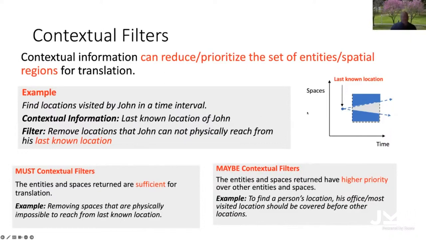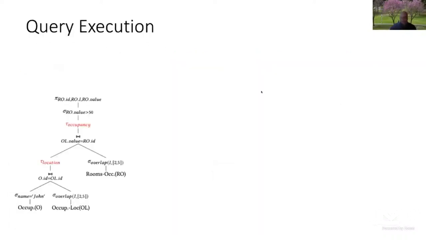If I know where John was half an hour ago, I can exploit that information to cull out or at least prioritize which particular sensors to execute when, so that we can reduce the cost of translation to determine where John is. So these contextual filters can be very effective in reducing the translation costs of queries or of semantic phenomena.